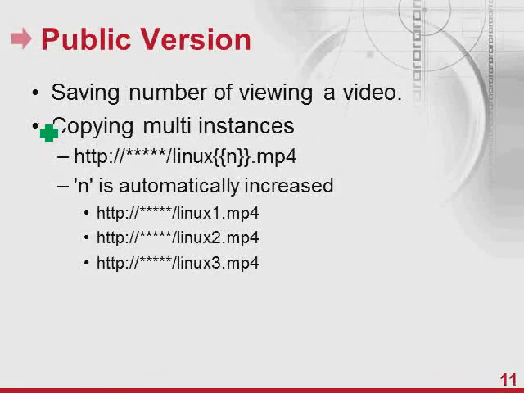It will copy one Toshimi instance to many, with automatic numbering of URLs. For example, you put a special character N and braces, which means increment. It makes Linux 1, Linux 2, Linux 3. It will reduce the time to register videos through Toshimi.